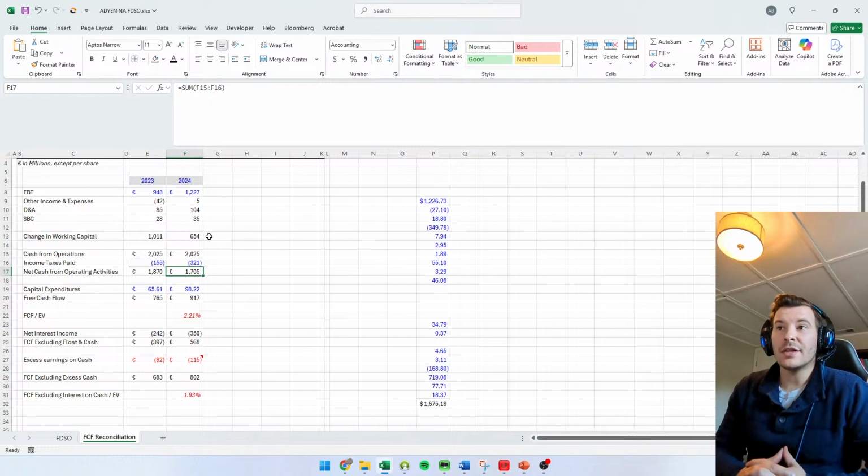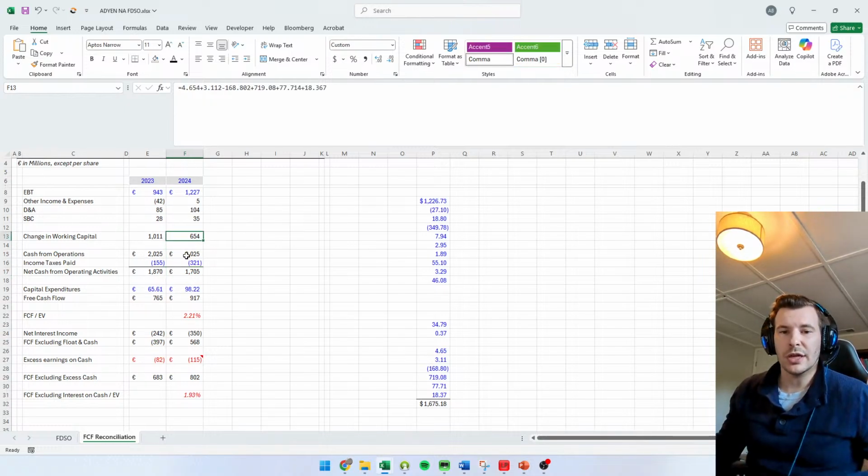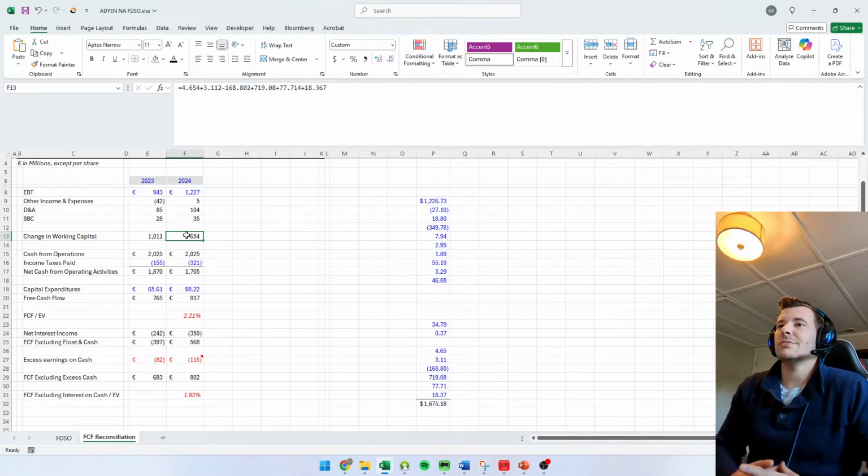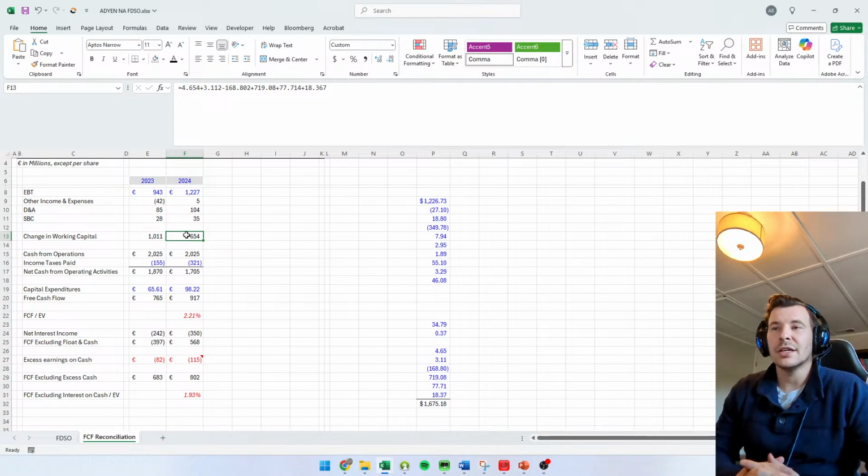However, a lot of this cash is not theirs. This change in working capital is just that float, like we said. So it's when someone pays you money up front, but you owe them the $650 million later on. So obviously that's not sustainable free cash flow. I can't count on people paying me $650 million more than I owe them each year. And certainly that's not my money, so I don't get to count it as profit.